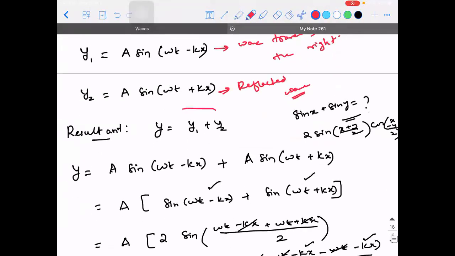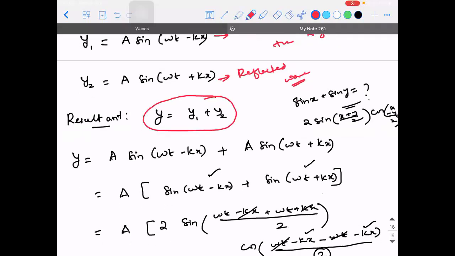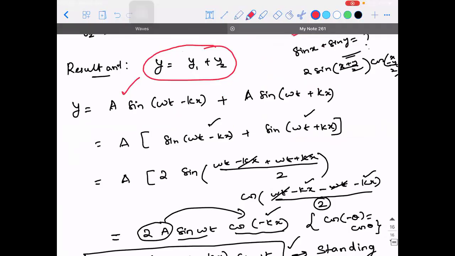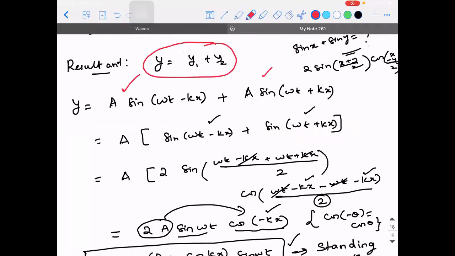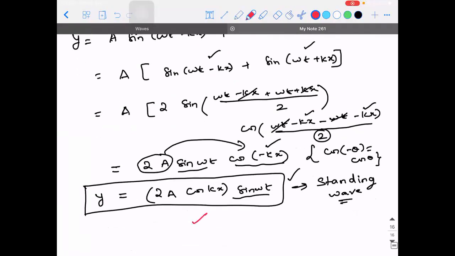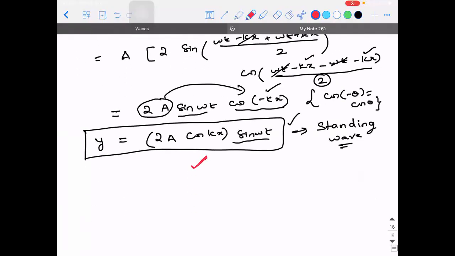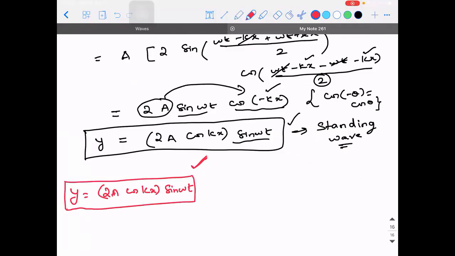Then if you take y equal to y1 plus y2 according to the principle of superposition, where y1 is a sine of omega t minus kx and y2 is a sine of omega t plus kx, when you solve everything, the final equation is y equal to 2a cos kx into sine omega t. This equation represents the equation of a standing wave.